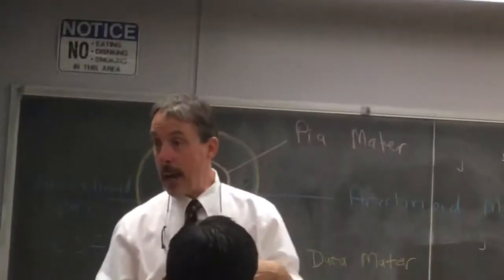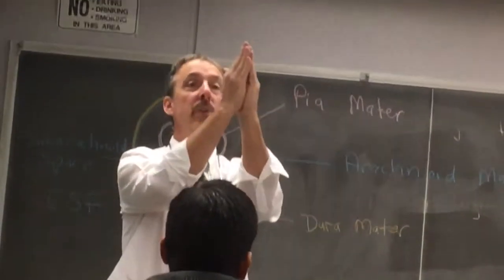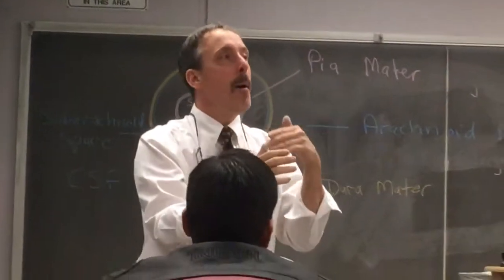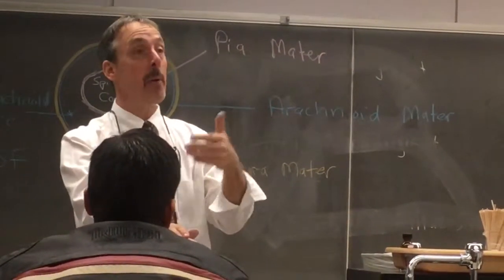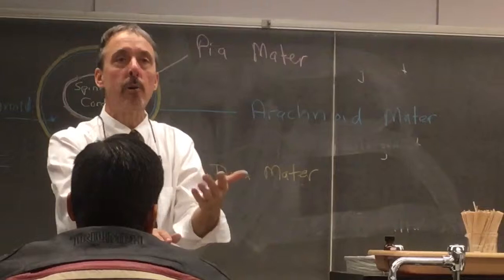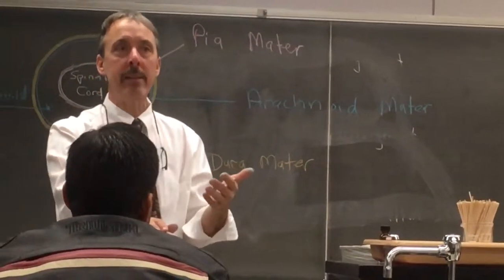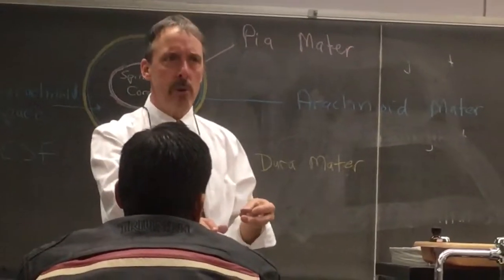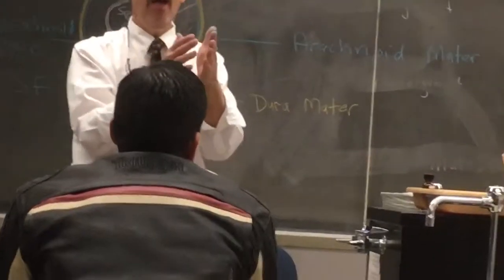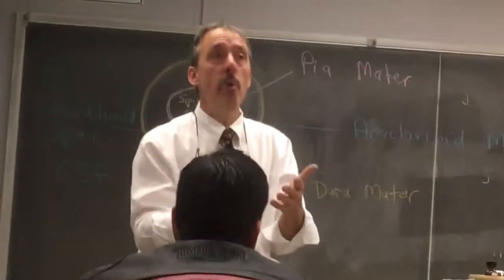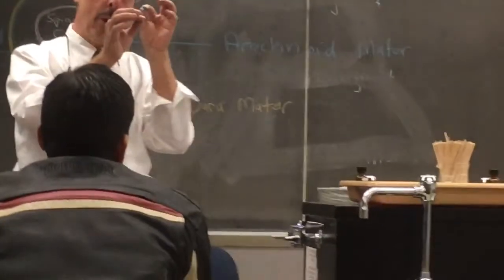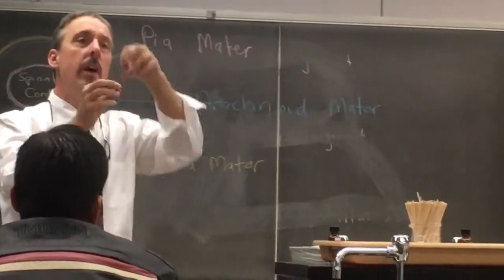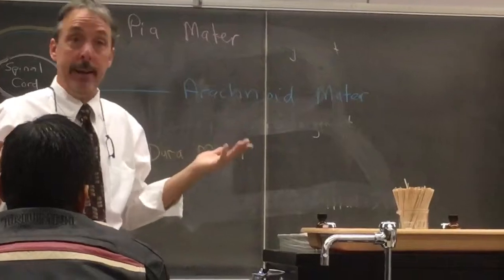It turns out she had a bleed, and it started filling up this space, and the pressure actually damaged vital areas of her brain, and it was fatal. I think she was in her late 30s, maybe early 40s or something like that. What's her name? Natasha Richardson, I think, or something like that. And she died. This young woman. Had they realized it earlier, had they done a CAT scan earlier, they could have went in, they could have tapped the space, drawn the blood out, and she would be here today.